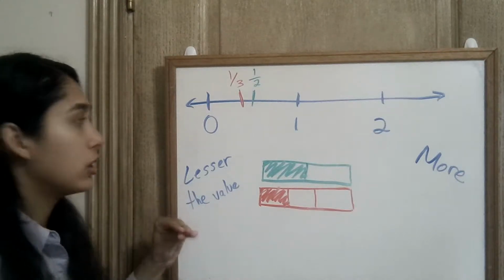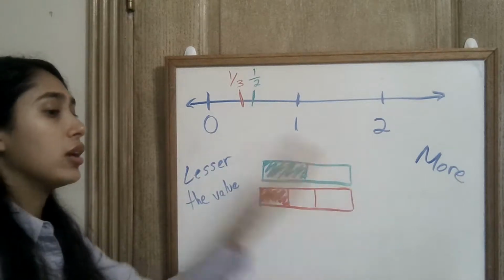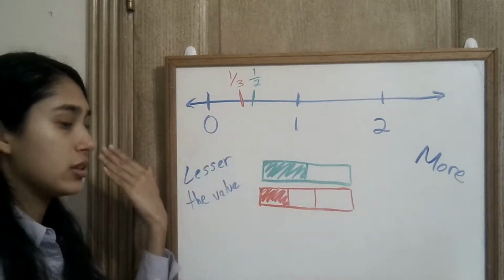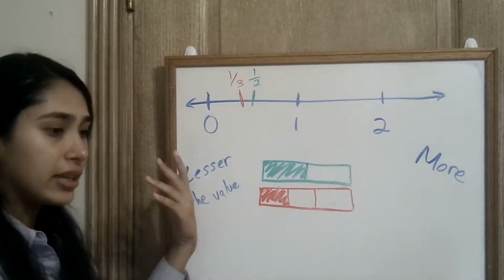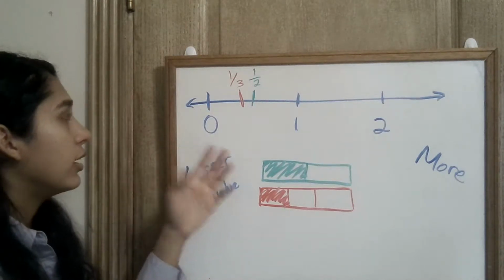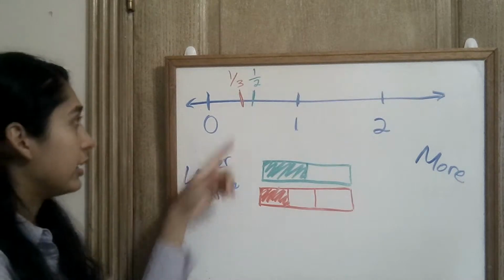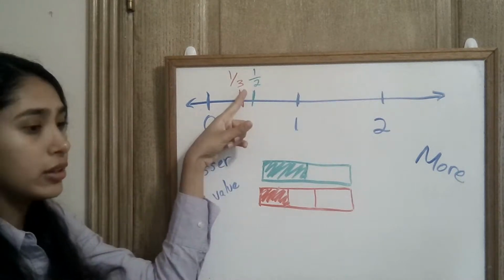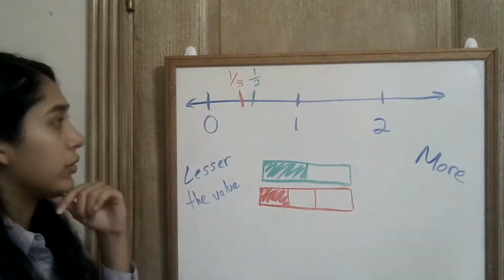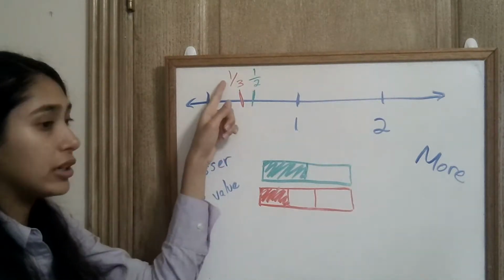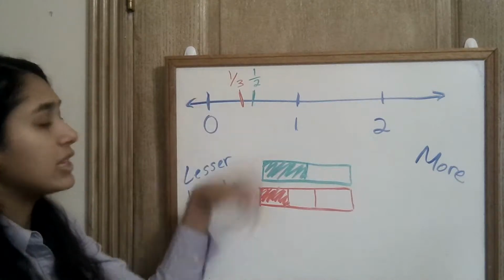It's smaller, so we know that smaller numbers are going to be more to the left. Now that we can understand that conceptually, another easy way to see it is when you have a denominator, the bigger the denominator, the smaller the number. When the numerator is bigger, it's usually a bigger number.